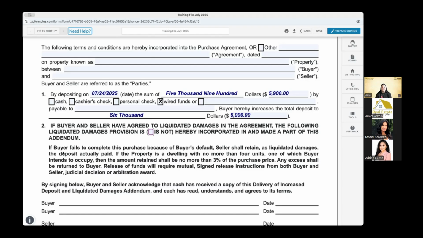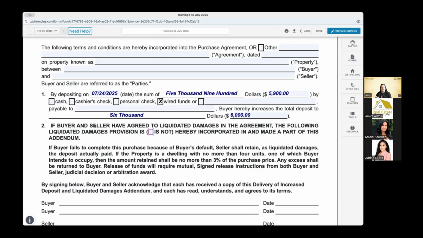The liquidated damage states that if buyer fails to complete the purchase because of buyer's default, seller shall retain as liquidated damages the deposit actually paid. If the property is a dwelling with no more than 4 units, one of which the buyer intends to occupy, then the amount retained should be no more than 3% of the purchase price. Any excess shall be returned to the buyer.